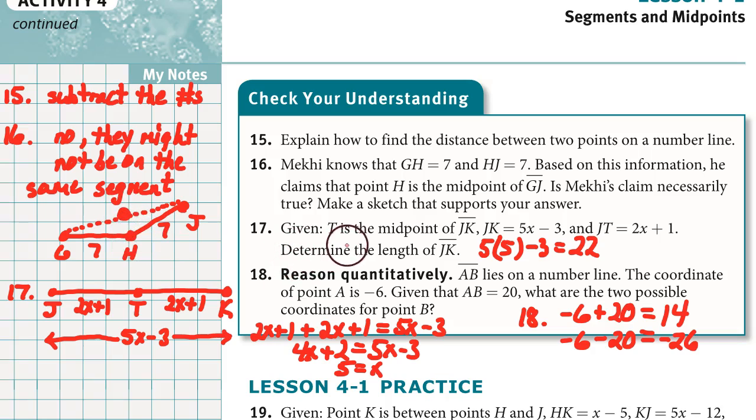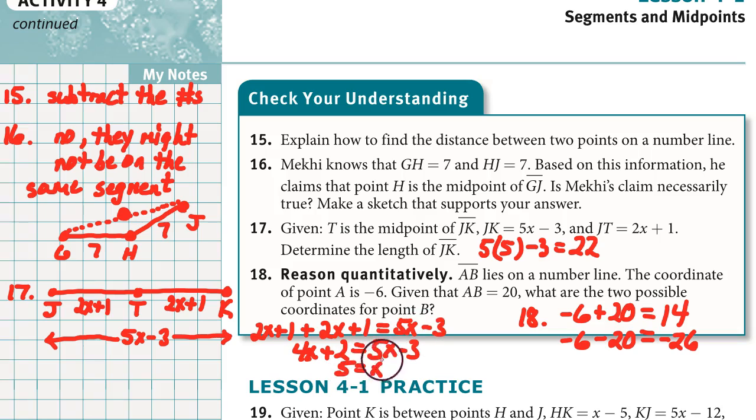Number 17, T is the midpoint of segment JK, and we have some algebra expressions. I've drawn that, JK, and I put T in the middle, and then labeled the algebra expressions. That way I can tell what the shorter pieces are that add together to make the total. So I went 2x plus 1 plus 2x plus 1 equals 5x minus 3, and solved the equation getting 5 is equal to x.